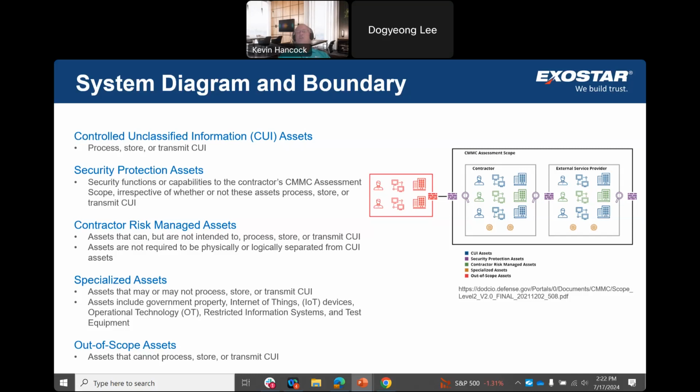And that system security plan is going to define the scope of what they're going to assess. Are they going to assess your entire organization, or are they going to just assess a portion of your organization? The better you can define that scope and narrow it, the easier it will be for everybody to understand and know where that CUI is.